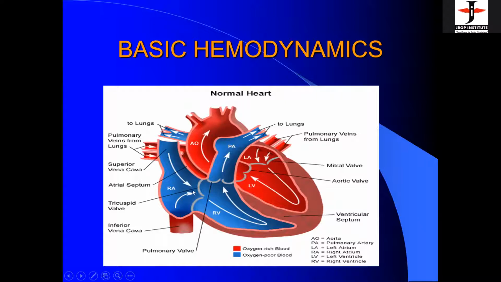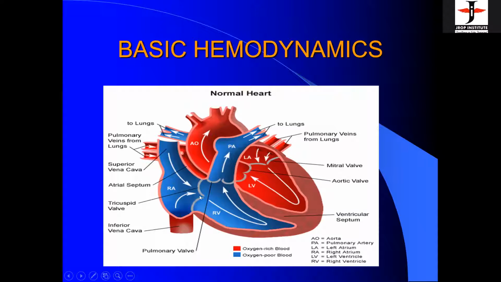Now, the valves between the atria and the ventricles, that is the tricuspid and the mitral valves, are known as atrioventricular valves. Atrioventricular valve means between the atrium and the ventricle. And the others can be roughly called ventriculo-arterial valves, or great vessel valves.